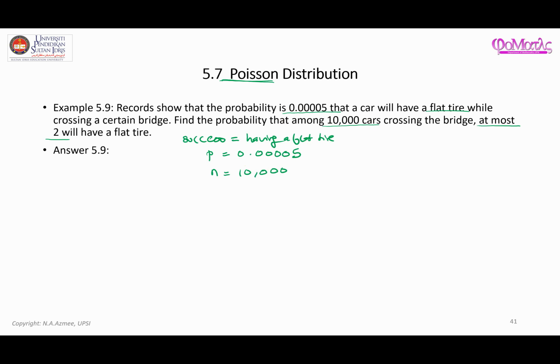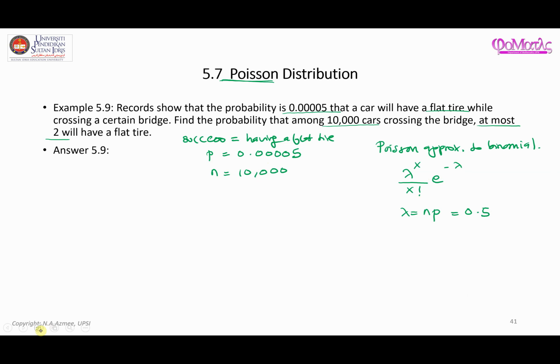Because this is such a large number of trials and the value of p is small, we can use Poisson approximation to binomial, which means you can apply the formula lambda to the x over x factorial times e to the negative lambda, where lambda is equal to n times p. So what is n times p? Well, 10,000 times 0.00005 gives you 0.5. So that is our lambda.